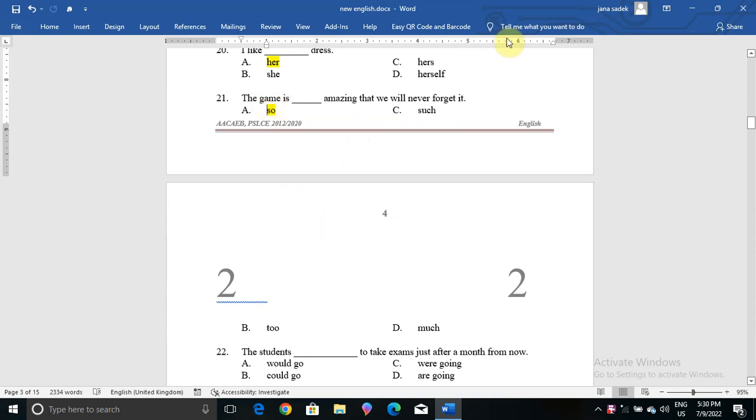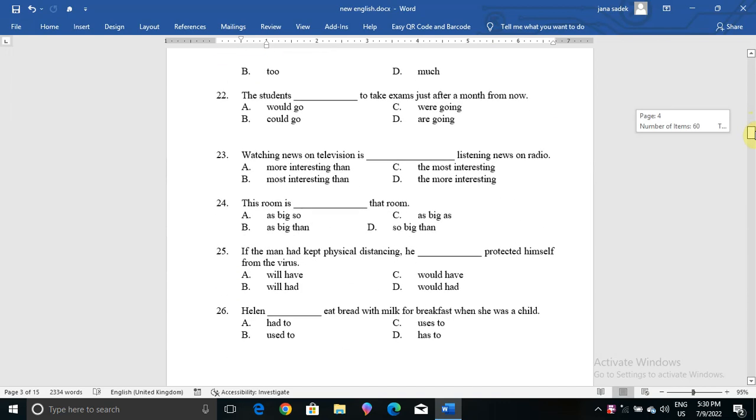Okay, now question number 22 says the students dash to take exams just after a month from now. So that means it is the future. We are talking about the future. And what tense can we use for the future or the present?